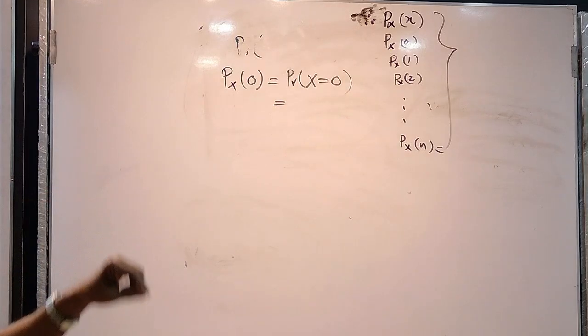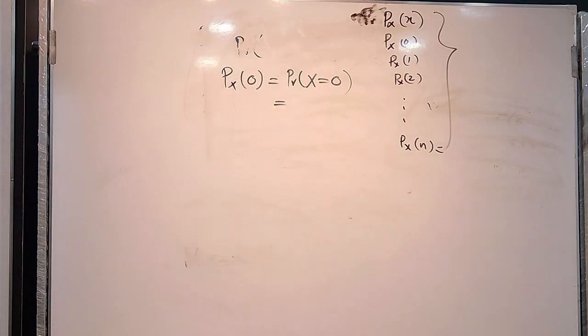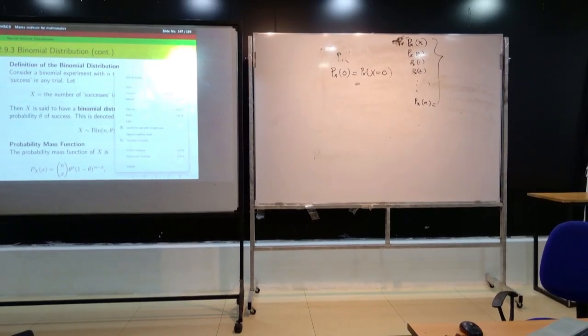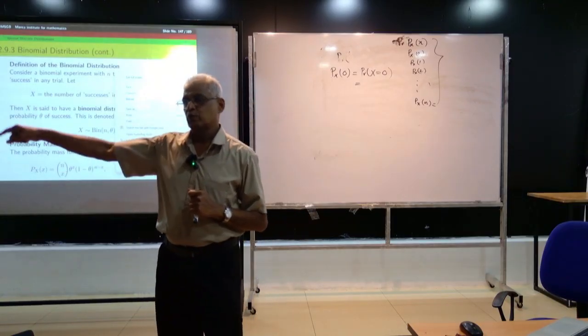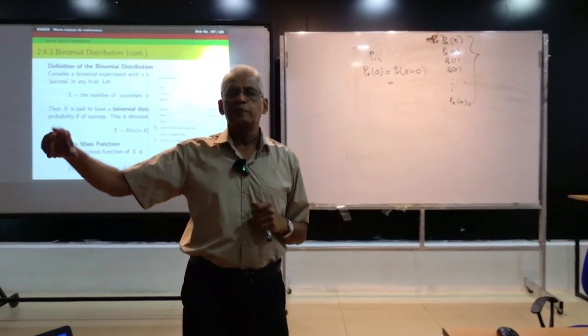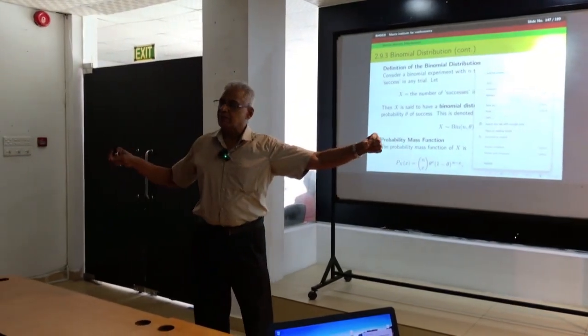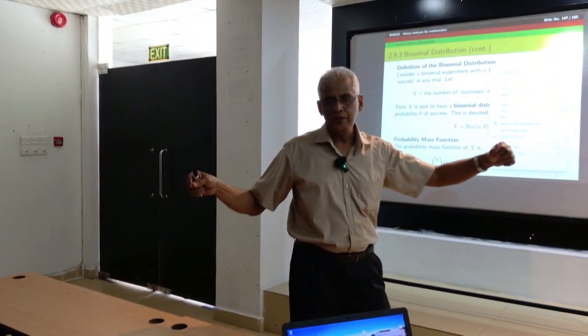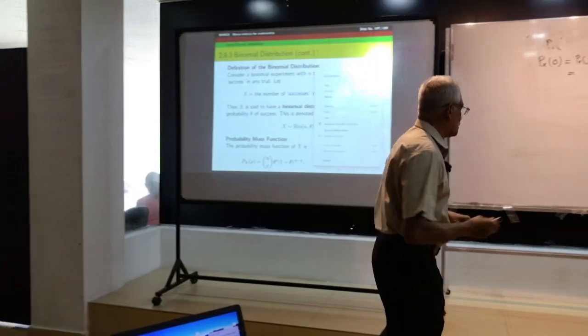So we have the probability of several intersections. First one is a failure is one event, second one is a failure is another event, third one is a failure is another event, and so on. So you can consider it as the probability of intersection of several events where the events are independent, because the outcome in any trial is independent of the outcomes of the other trials, right? So therefore, the probability of the intersection will be equal to the product of the probabilities by the multiplication rule.